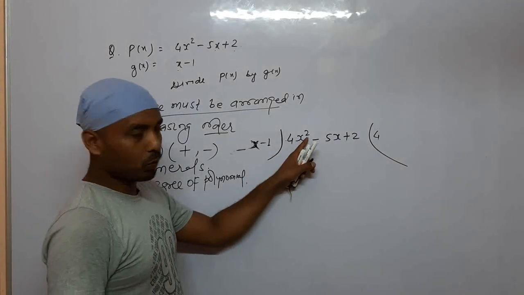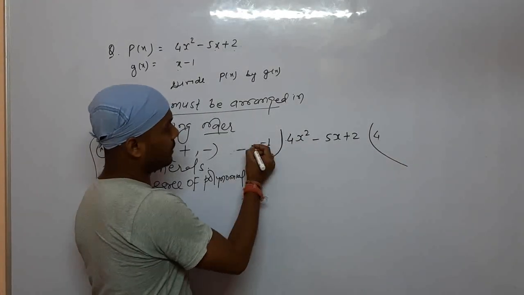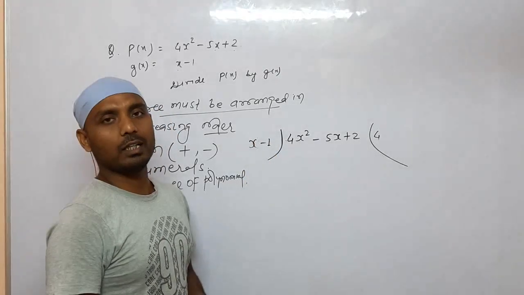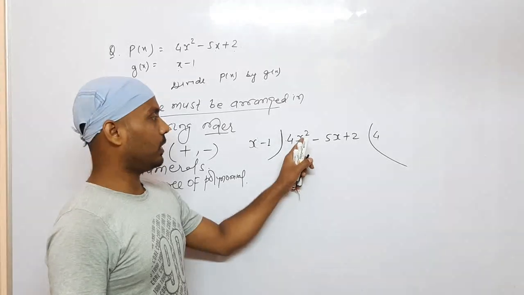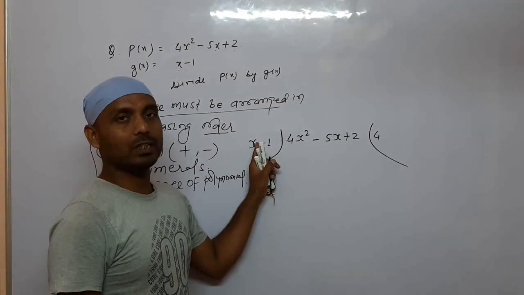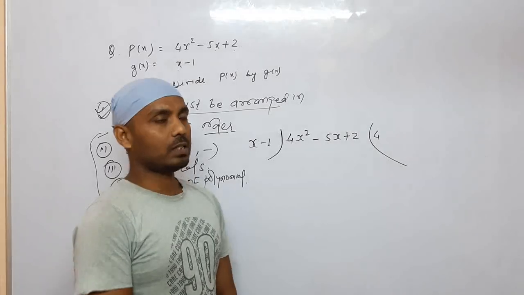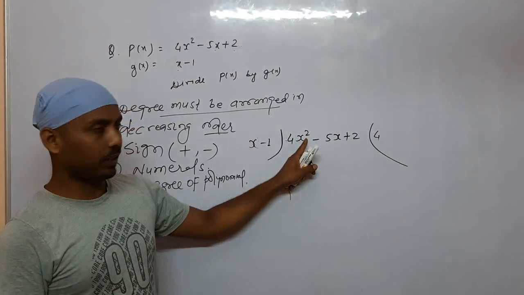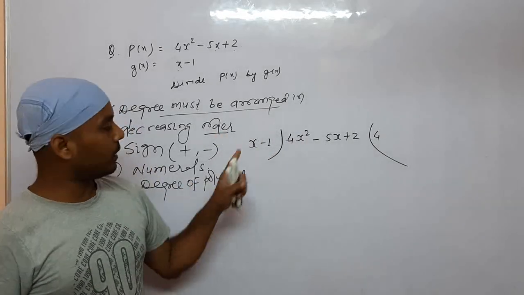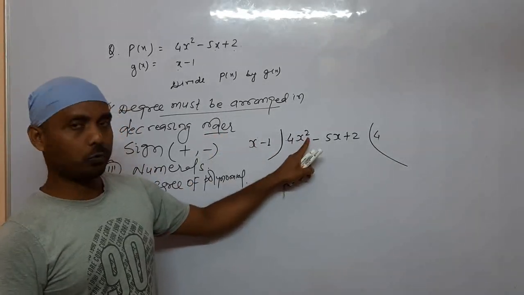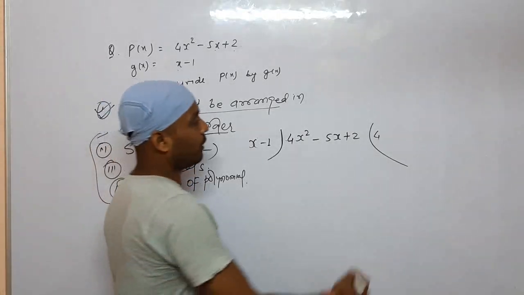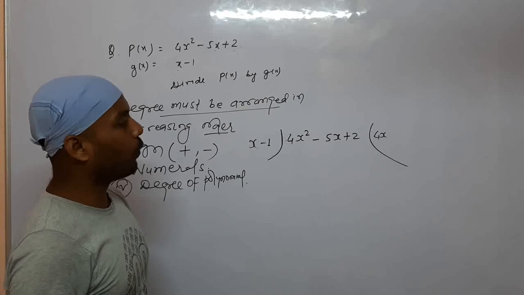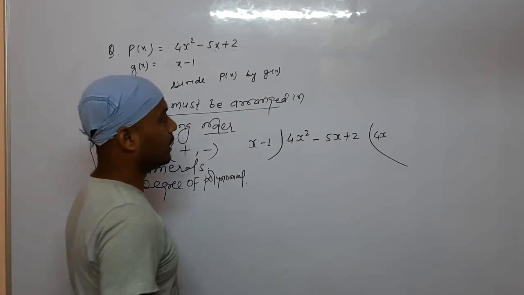Here the degree is 2, and the degree of x is 1. How much degree is remaining? We need x of degree 1, since 1 plus 1 equals 2. So we write 4x. Here we have obtained the first value, 4x, at the place of the quotient.